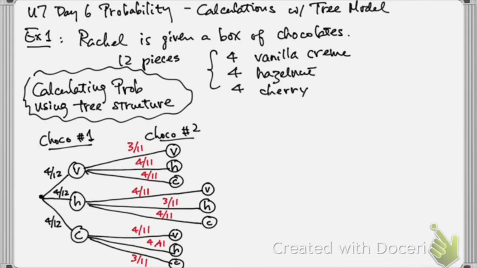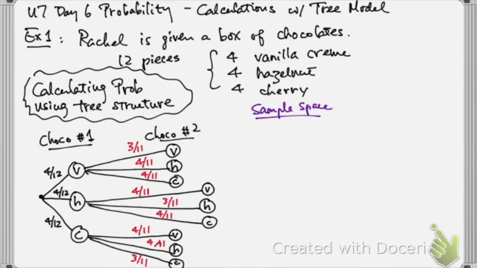And now we're ready to draw our sample space. A sample space would be all the possible outcomes from this experiment. And this experiment, again, is comprised of 2 events, picking chocolate number 1 and picking chocolate number 2. So the sample space is easiest to list in terms of a list comprised of the first chocolate flavor and the second chocolate flavor.